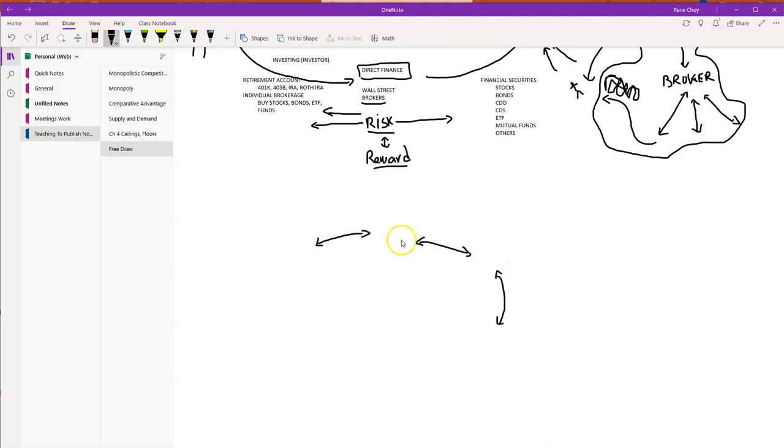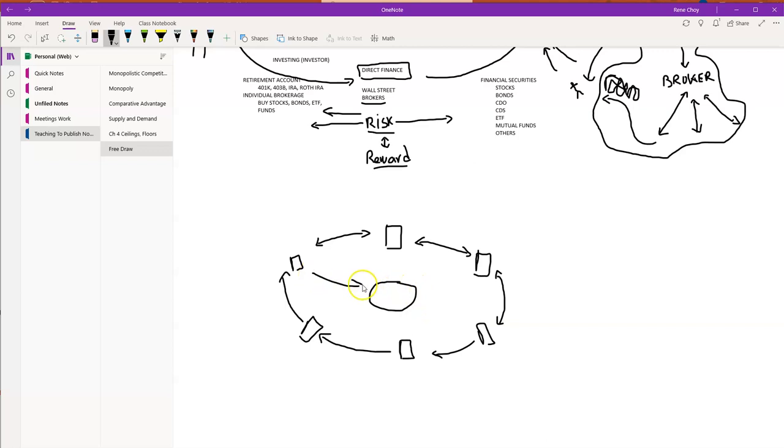You have all these different brokerage companies out there. All right. And they have clients at any point in time put in bids and asks for companies, and then they share all of that.